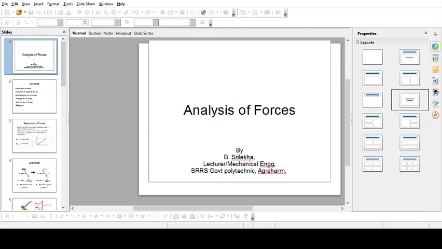And then we have discussed composition of forces. It means two or more forces are combined together to form a single force which gives the effect of all the forces. This single force is nothing but the resultant. So the resultant can be found by using various techniques.